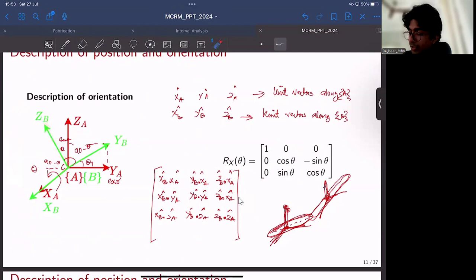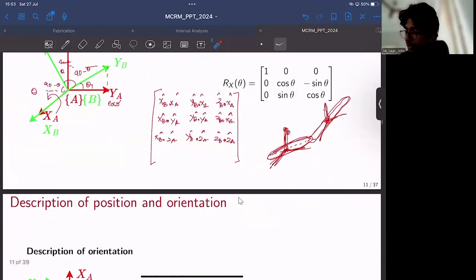ZB and YA: if this angle is theta, this would be sine theta, and since this projection would be along negative YA, it will be minus sine theta. And if you resolve ZB along ZA, this angle being theta, the projection would be cos theta. That is the third entry here. That is how you compose rotation matrices.